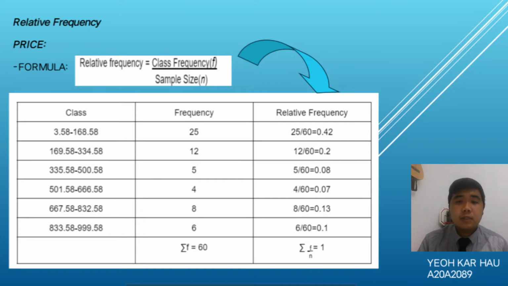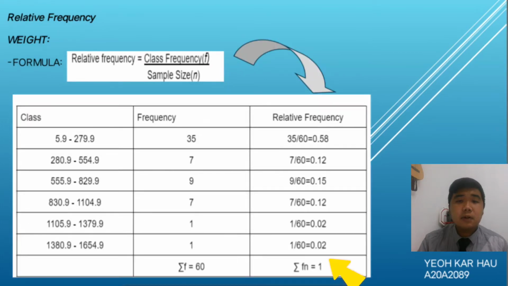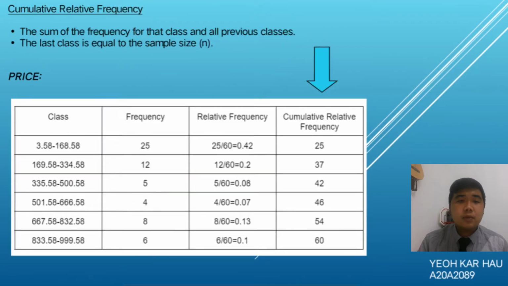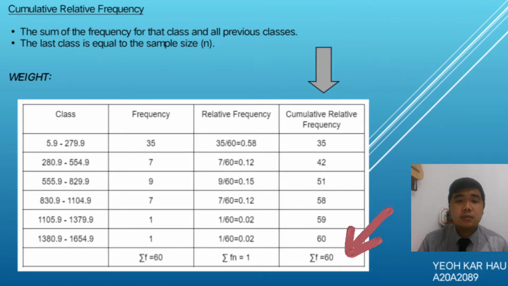The formula is class frequency divided by the sample size, and the sum of relative frequency is equal to 1. Then the last one is cumulative relative frequency. The formula is the sum of the frequency for the class and all previous classes, and the last class is equal to the sample size, which is 60.